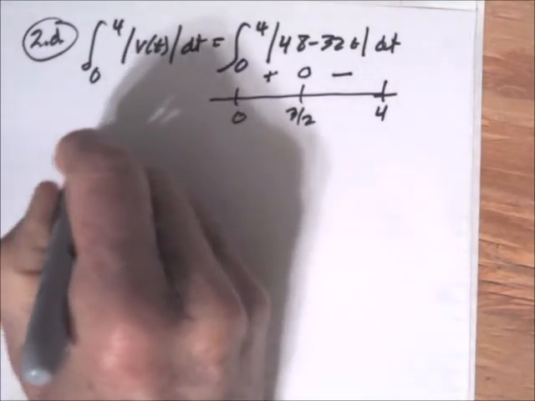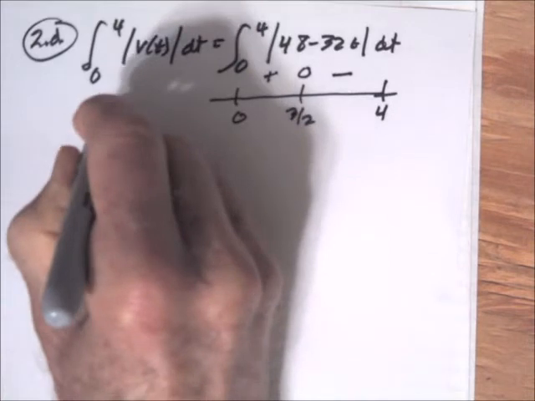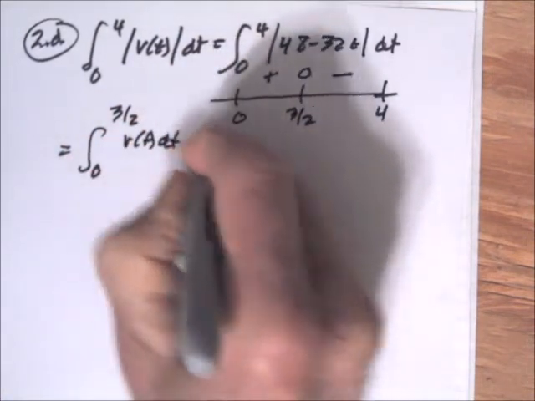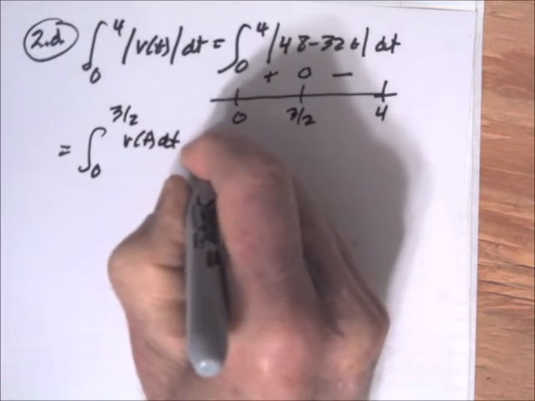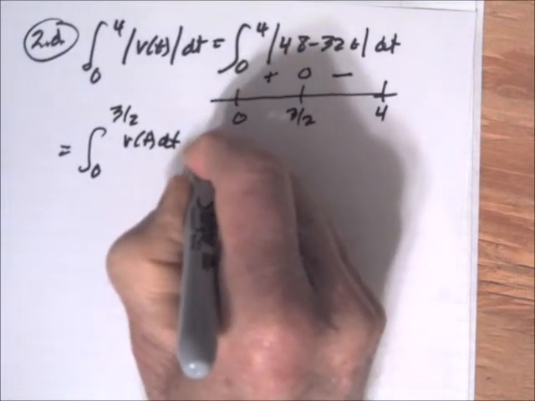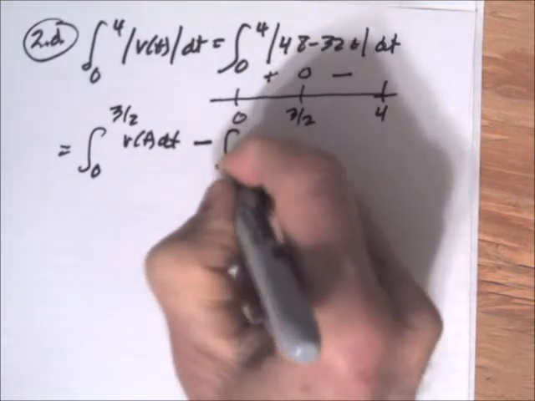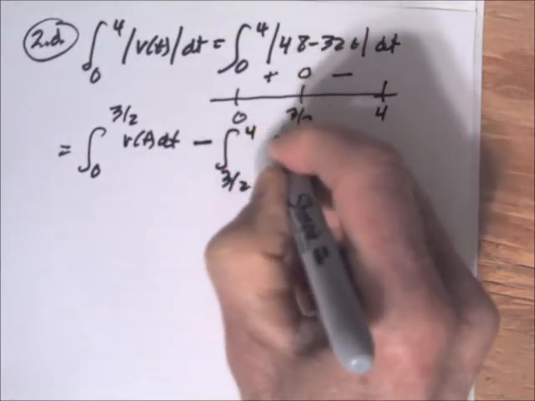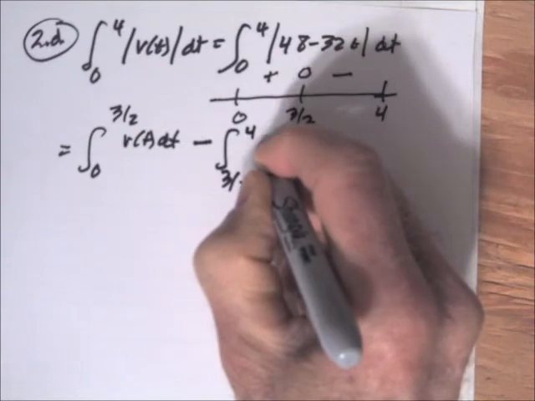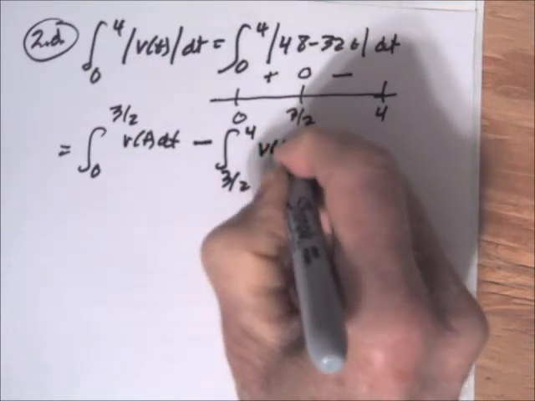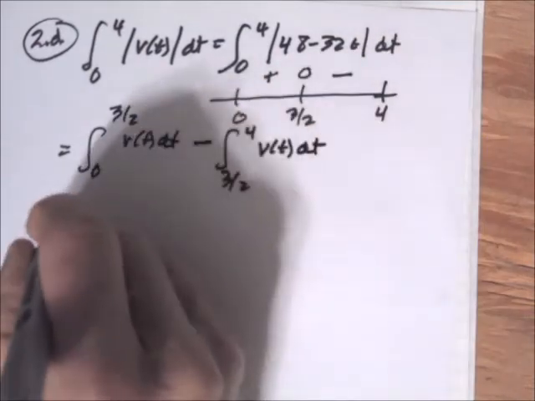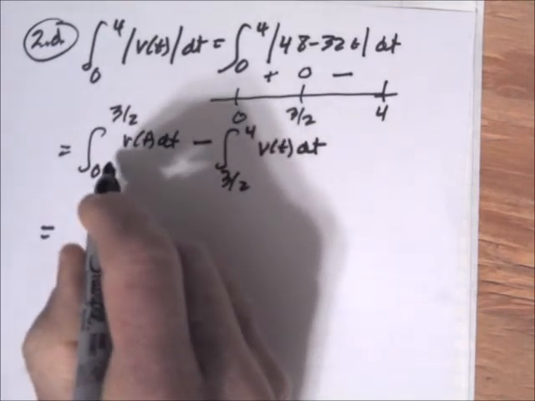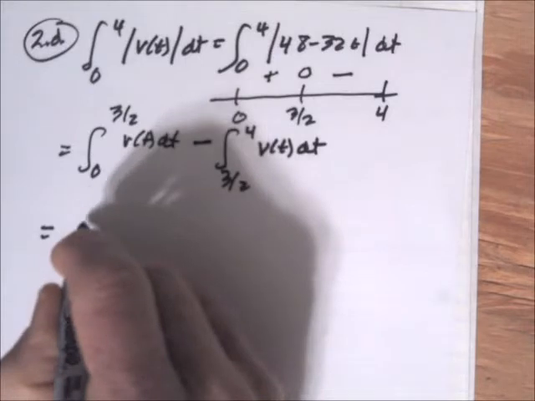So this is going to be the integral from 0 to 3 halves of v of t dt, and then we want the opposite sign from 3 halves to 4, so minus the integral from 3 halves to 4 of v of t dt.